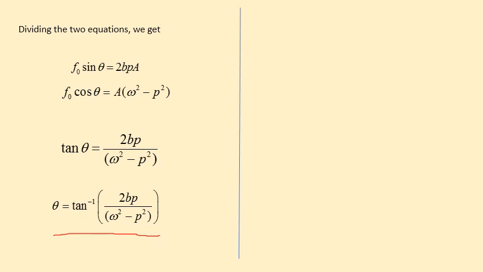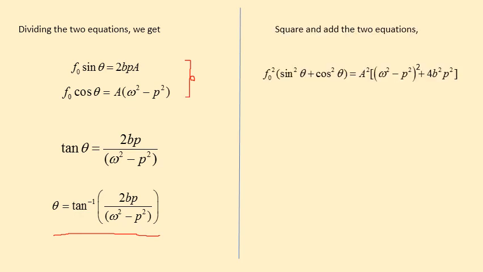Now to find out the amplitude of oscillation, we need to square and add these two expressions, so that we will get f₀²(sin²θ + cos²θ) = A²[(ω² - p²)² + 4b²p²].